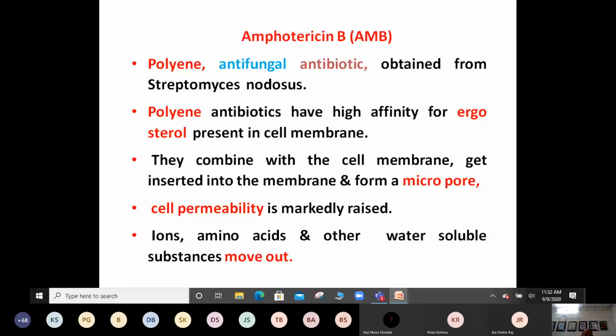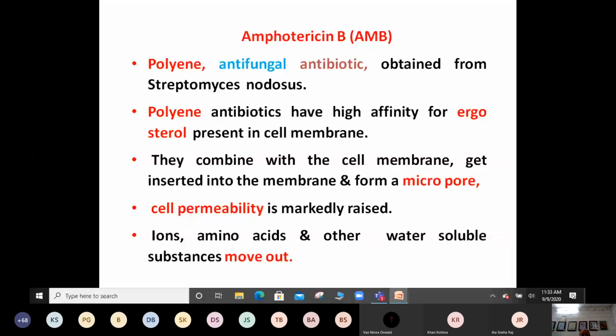Now, what is the mechanism of action? These polyene antibiotics have high affinity for ergosterol present in the cell membrane of the fungus. Similarly, Leishmania, the parasite, also has ergosterol, for which polyene has high affinity.